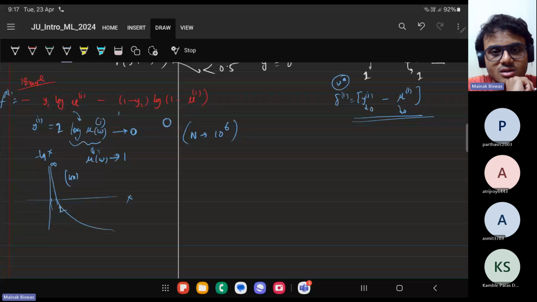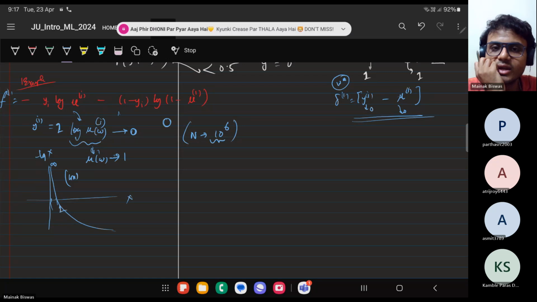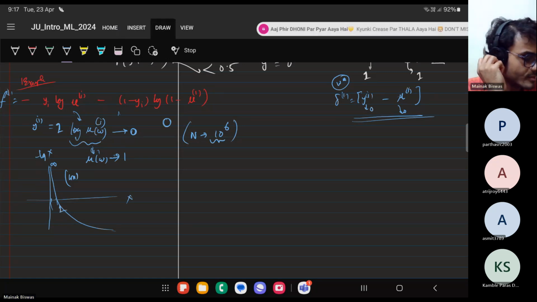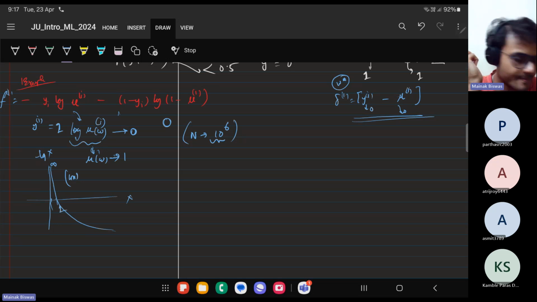That's my question. 10 to the power 6 may not even fit in the GPU. So can you do that? Compute derivatives of all 10 to the power 6 and then update. It will become very slow, right? It's an iterative algorithm. You want to do faster updates.